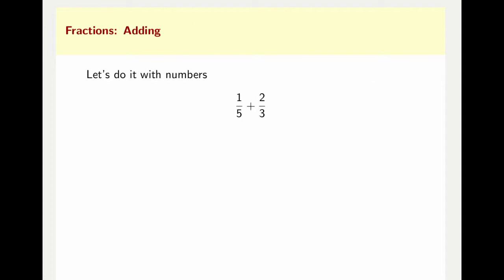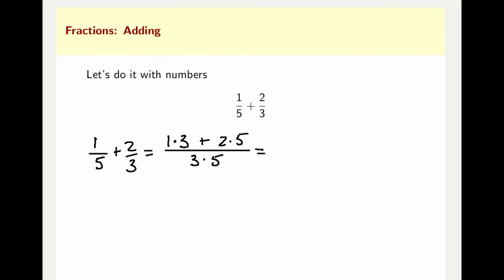So let me show you an example with numbers. 1/5 plus 2/3 equals, I'm going to cross multiply 1 times 3, then I put my plus sign, 2 times 5 over the multiplied denominators, 3 times 5.